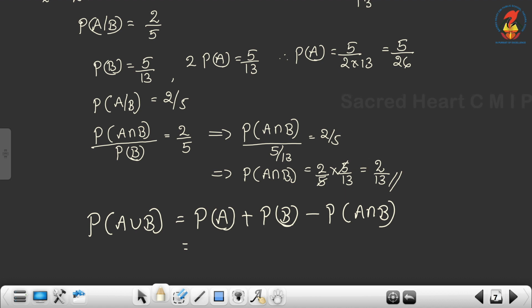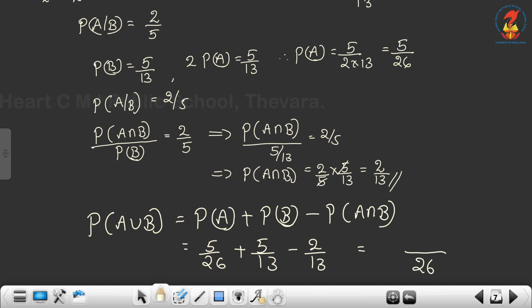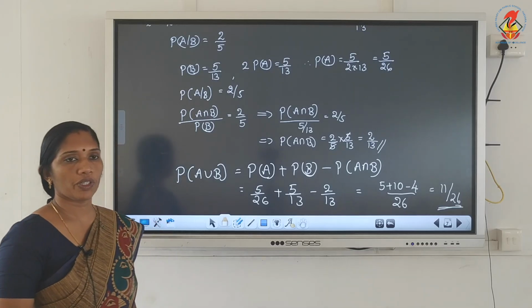So what is P(A)? 5 by 26 plus P(B) 5 by 13 minus 2 by 13. So LCM is 26, 5, then 10 minus 4, that is 11 by 26. Okay.